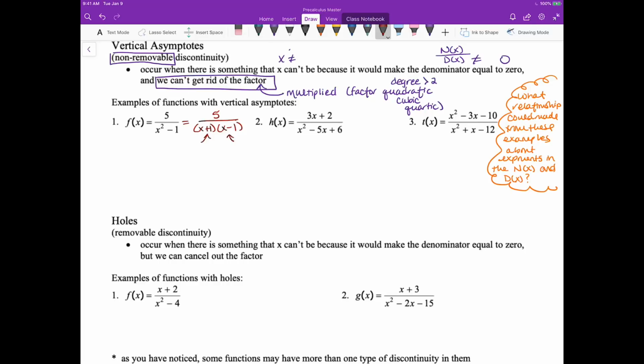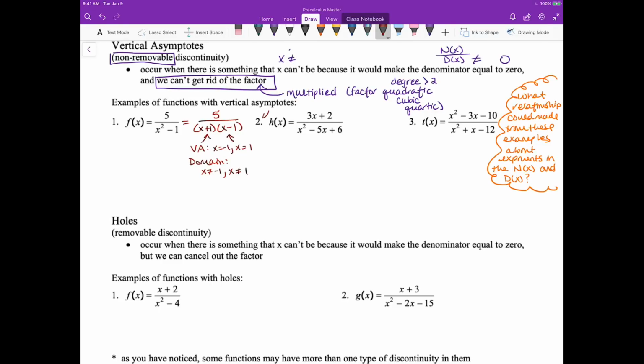So there's a vertical asymptote at each of these points. So a vertical asymptote at x equals -1 and x equals +1, those vertical lines, and then the domain would be the value of x that makes these 0. So x can't equal -1 and x can't equal +1.